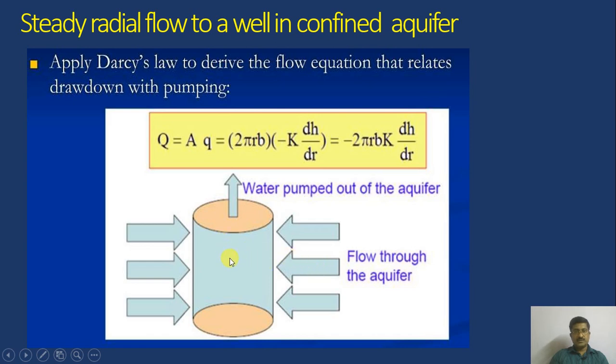You can observe here that when pumping takes place, the flow of the surrounding water is towards the well through the aquifer.